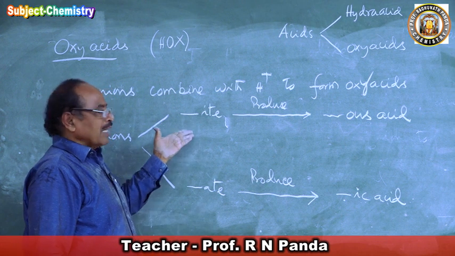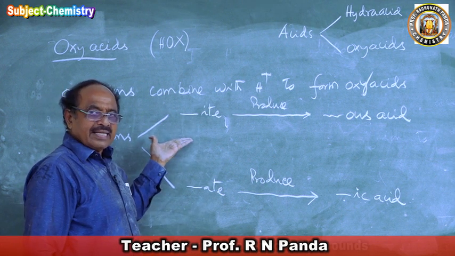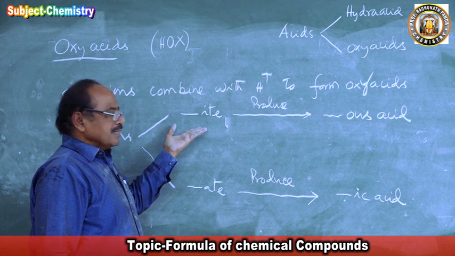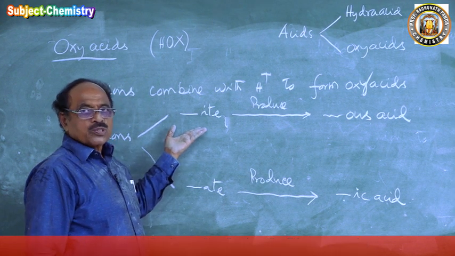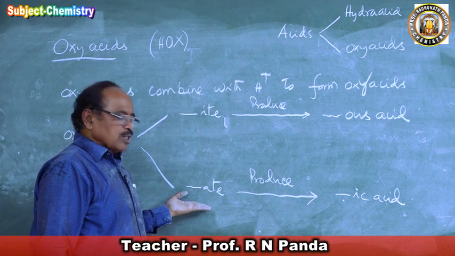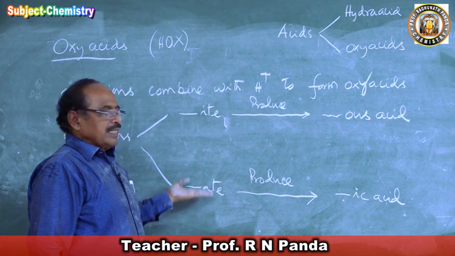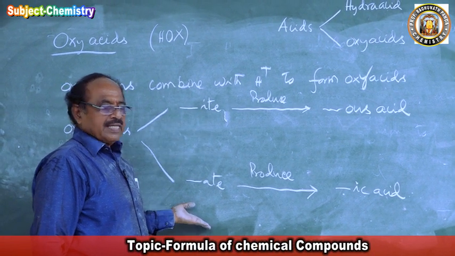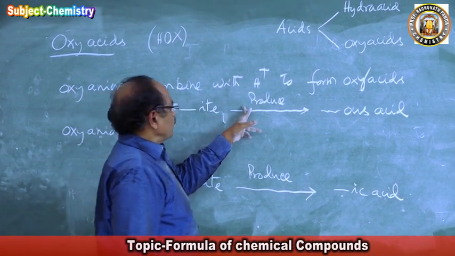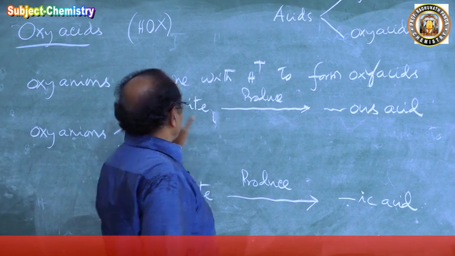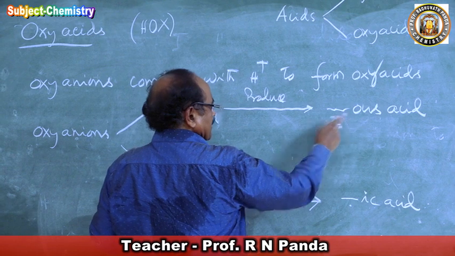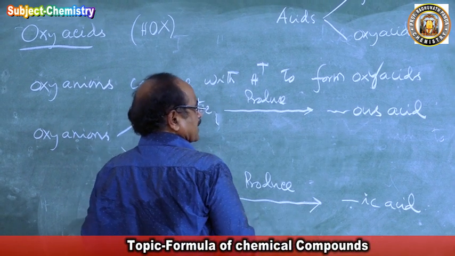ITE is the lower valence state and ATE is the higher valence state. Lower valence state: sulfite SO3 minus 2. Higher valence state: SO4 minus 2, sulfate; nitrite, nitrate, phosphate. They will combine with H plus, and they will produce OUS acid and IC acid.